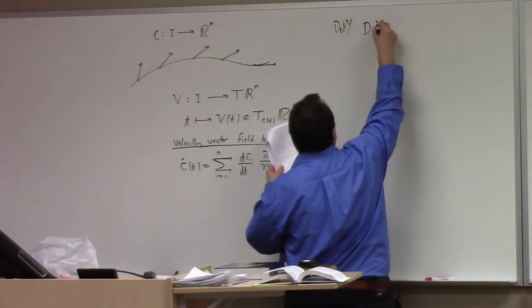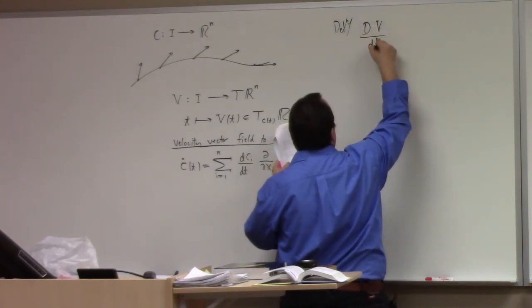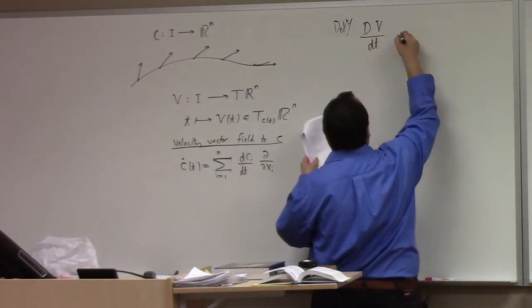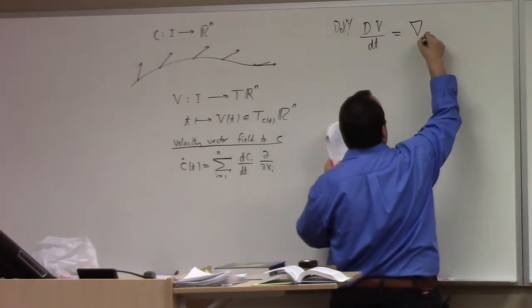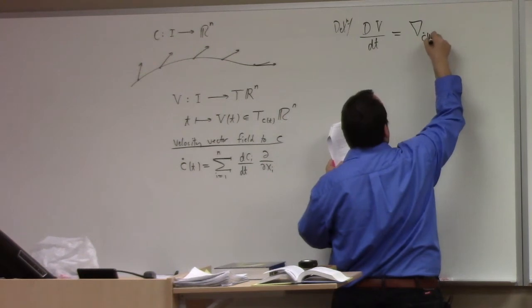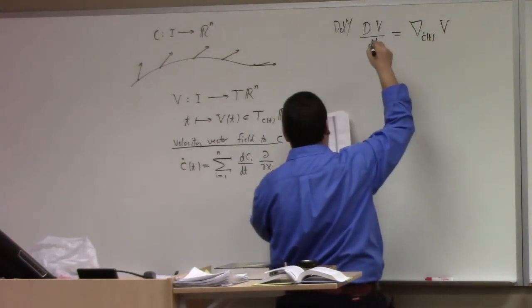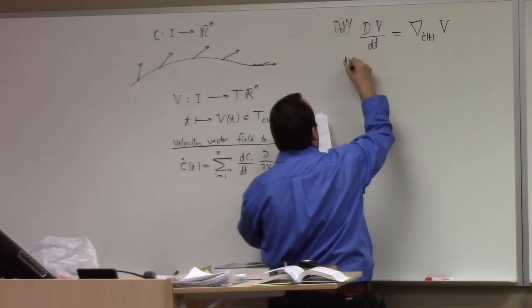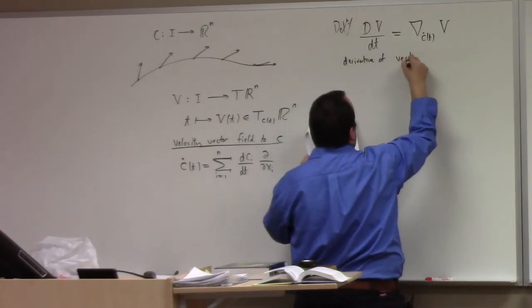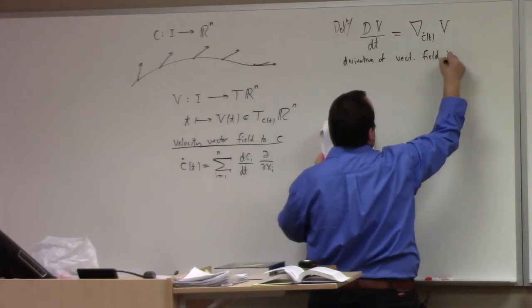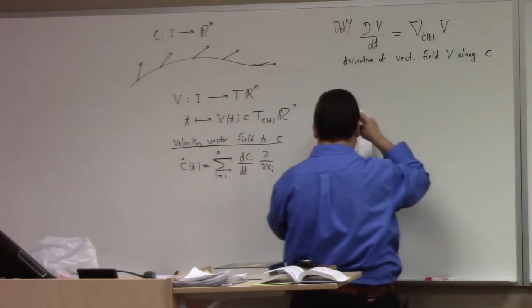DV over dt, big D, not a typo, little d t, weird notation, right? This is nabla of C dot of T, V. Let me put it in words again. This is the derivative of vector field V along C.